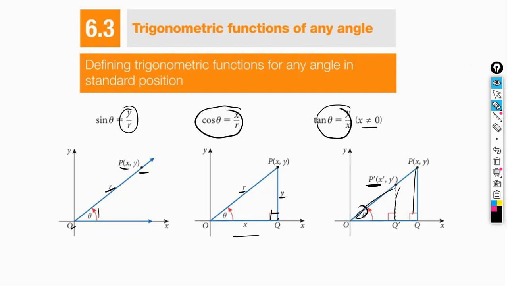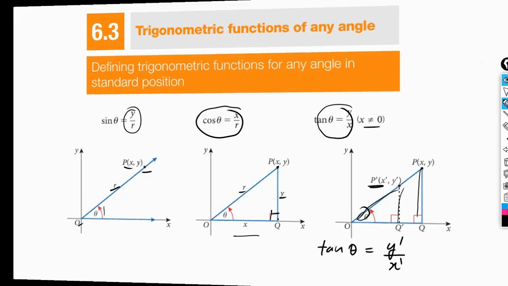So that means that, for example, tangent of theta is also equal to y prime over x prime. And the same thing for the other ratios.